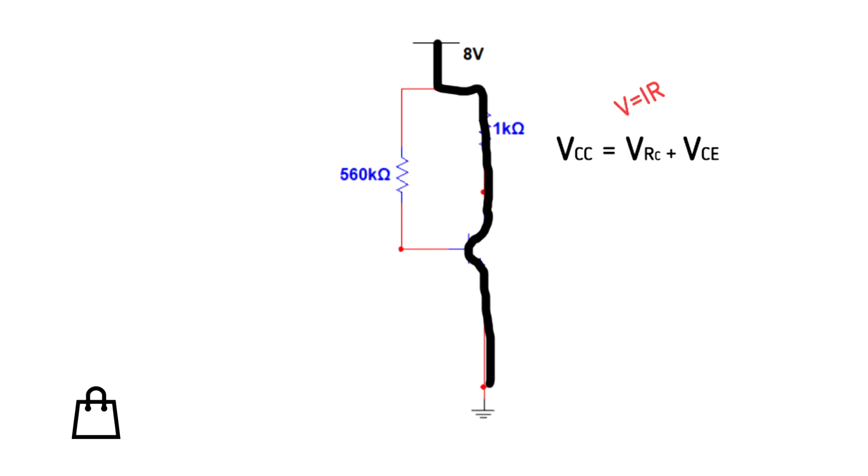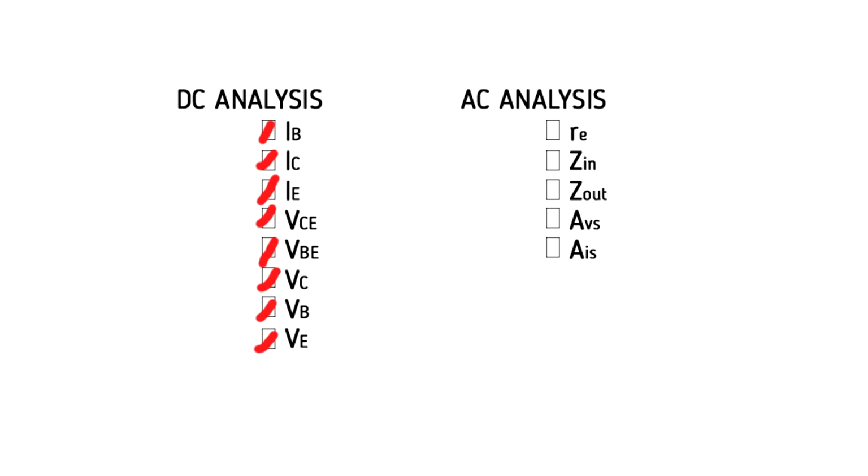Using Ohm's law again, V equals IR, we can replace VRC with ICRC. VCC is equal to 8 volts. We solved IC earlier and RC is equal to 1K. So solving for VCE, VCE is equal to 6.70946 volts. VC is also the same. So we have finished DC analysis. We have solved for all of these parameters.